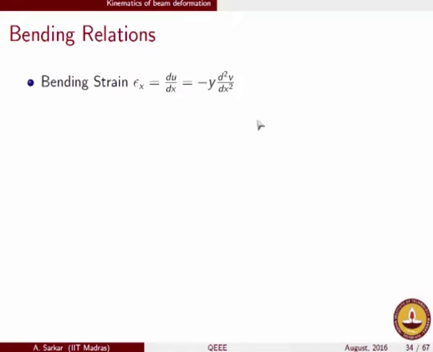Okay, let us quickly go through this slide before we end for the day today. So now we will go for the detailed relations which will establish the mathematical formulas that we require towards our calculation. So the strain due to bending, which is called bending strain, is the derivative of this u deformation with respect to x.